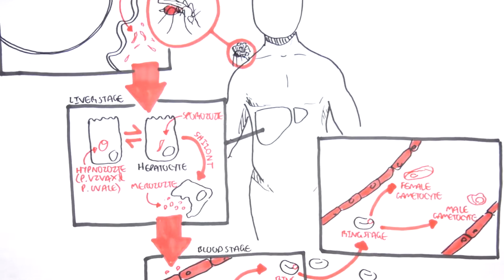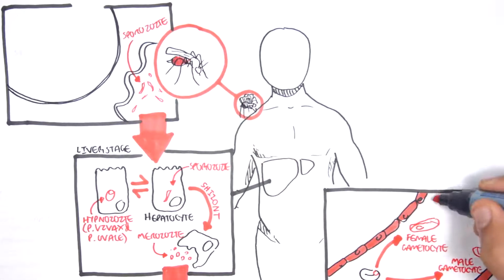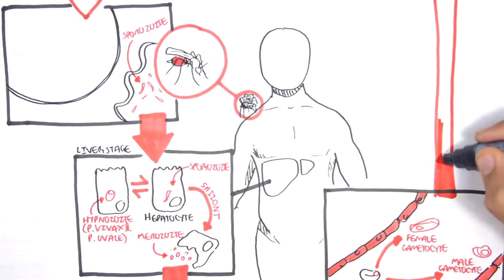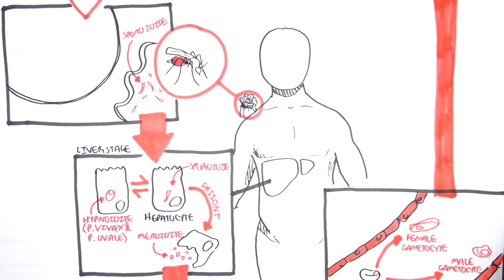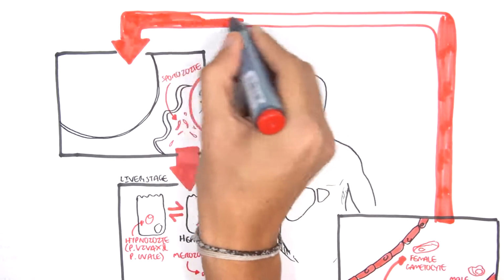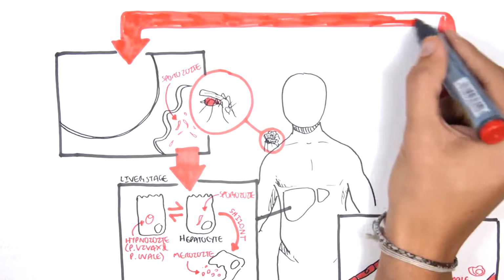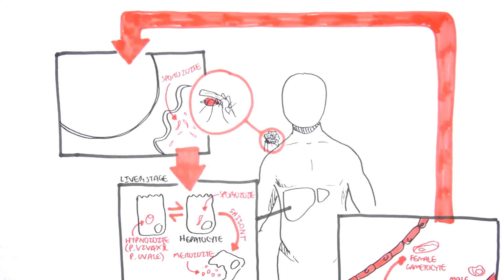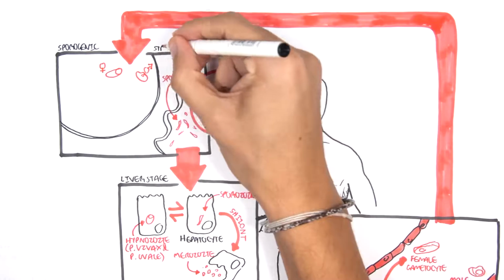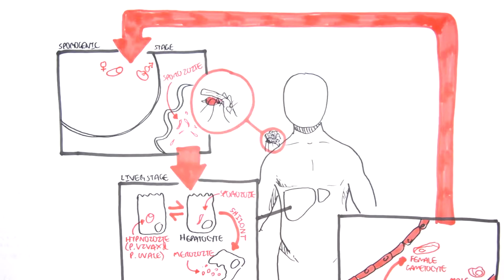When a new uninfected Anopheles mosquito comes along for feeding, it can take in these gametocytes. The gametocytes will enter the mosquito's stomach. The Anopheles mosquito is now infected with the parasite. Now, in the stomach of the mosquito, the male and female gametocytes, which have just been taken in, can form a zygote.